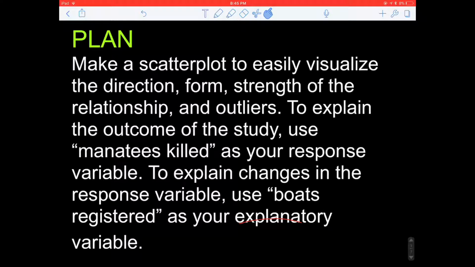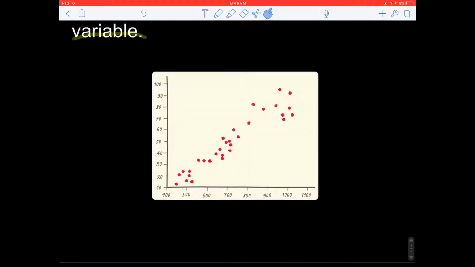And to plan out how we're going to solve our problem, we are going to make a scatter plot so we can easily visualize the direction, form, strength of the relationship, as well as see if there are any outliers. And to explain the outcome of the study, we're going to use manatees killed as our response variable. And to explain changes in the response variable, we're going to use boats registered as our explanatory variable.